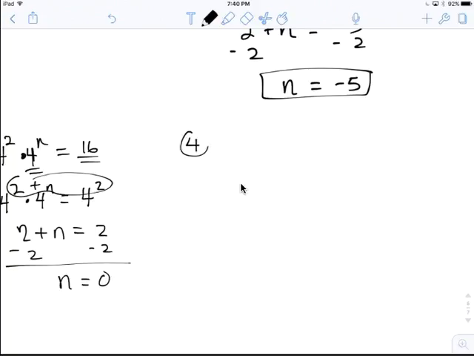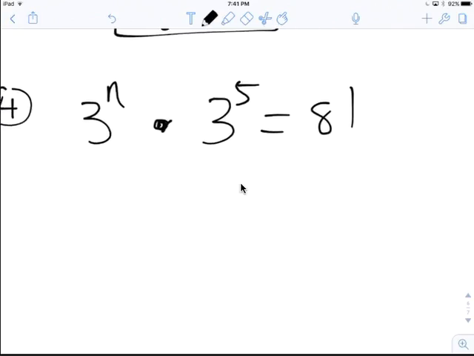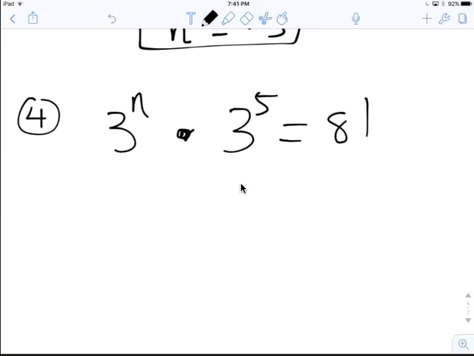Number 4 was 3^n times 3 to the 5th equals 81. Well, 81 is 3 to the 4th, I believe. Yes, 3 times 3 is 9, times 3 is 27, or 9 times 9 is 81, so it's 4 times.